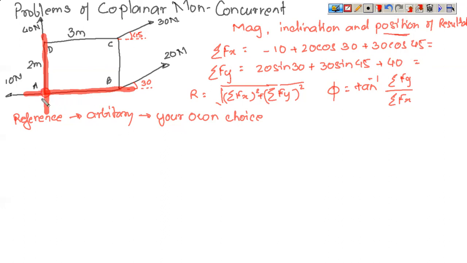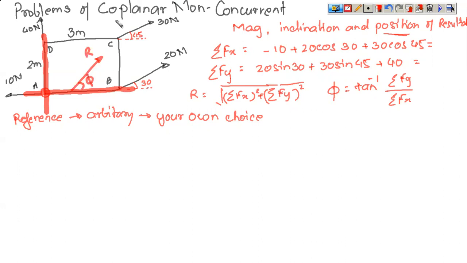So what does Varignon's theorem say? The sum of moments produced by all individual forces acting in the system is equal to the moment produced by the resultant taken about the same point. So let us designate our resultant also. Let us say this is our resultant R, and this is the value of phi.